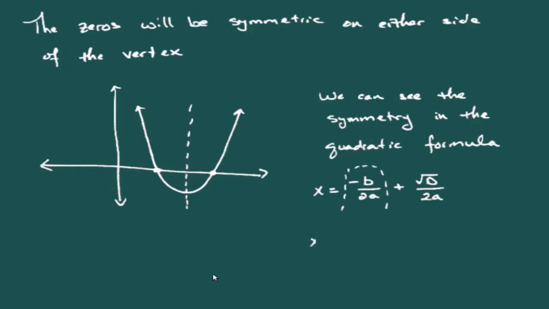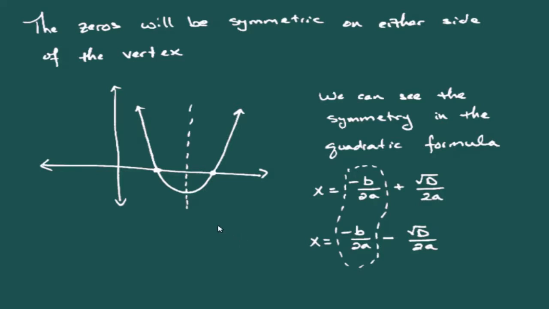If we write our formula for the roots in a slightly different way, we've got x is equal to negative b over 2a plus the square root of d over 2a, and the other root is negative b over 2a minus that same quantity, the square root of d over 2a. The symmetry is that we're adding this value onto negative b over 2a, and subtracting that same value from negative b over 2a.